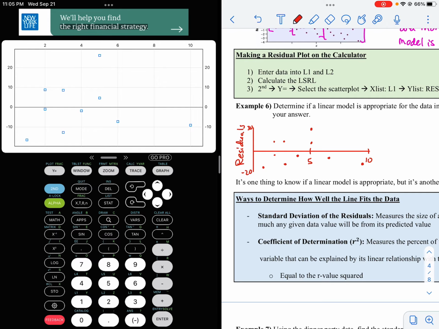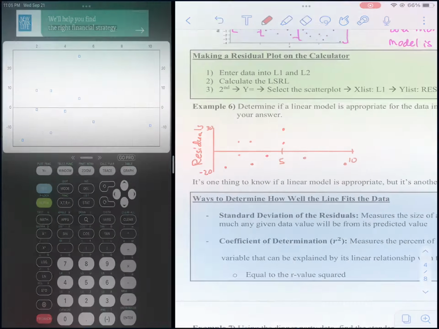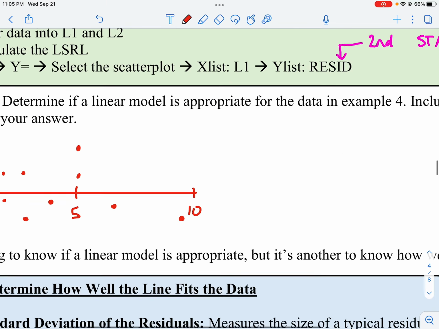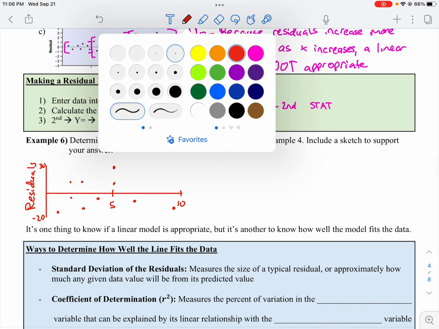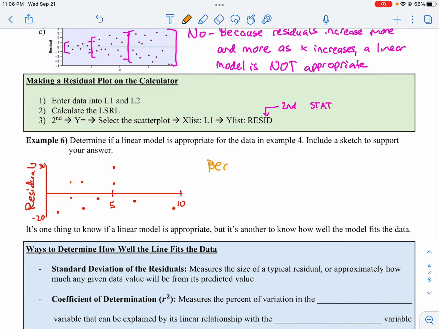Okay. And then our comment: because there is no pattern in the residuals, a linear model is appropriate.